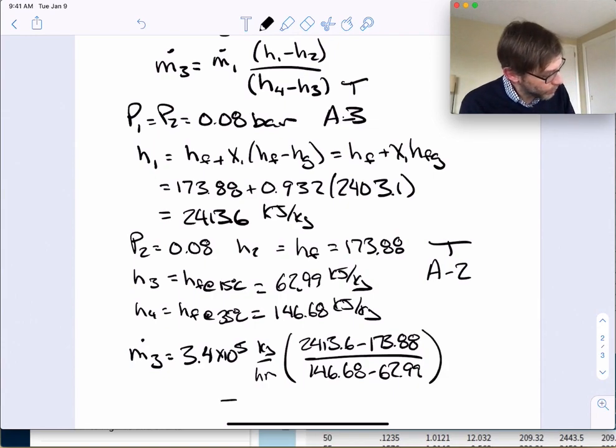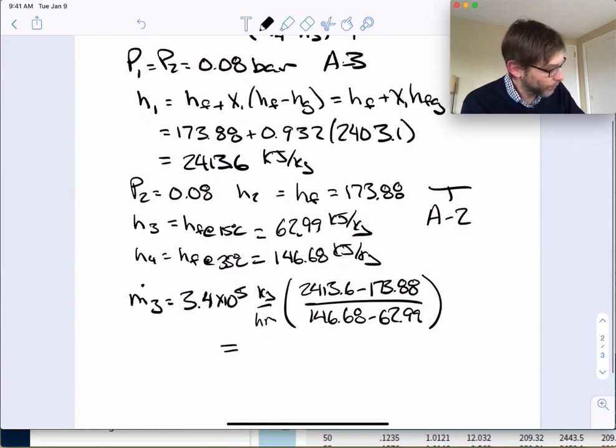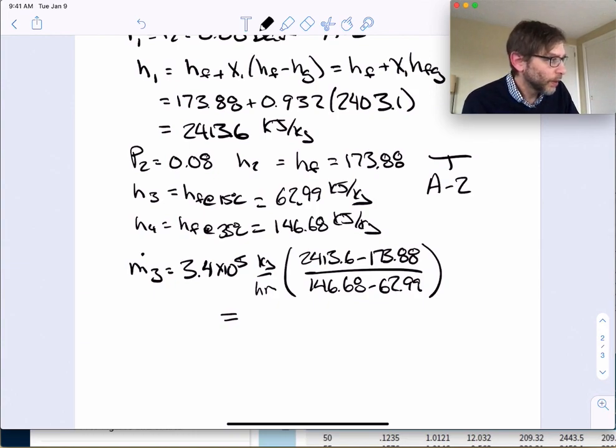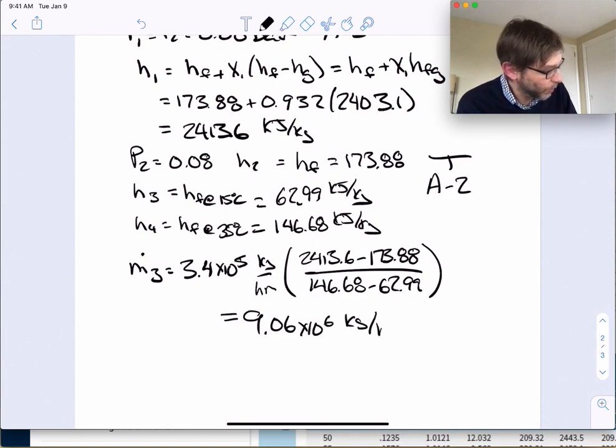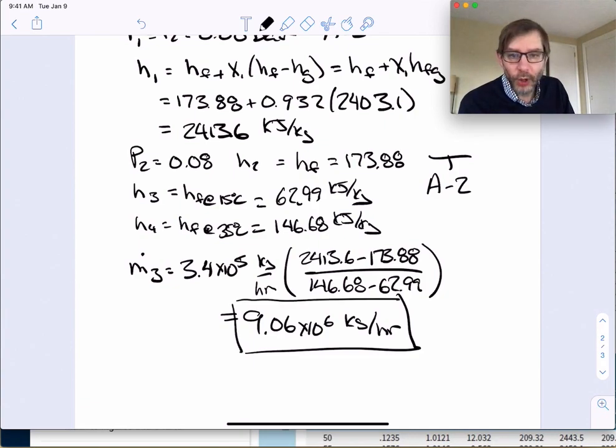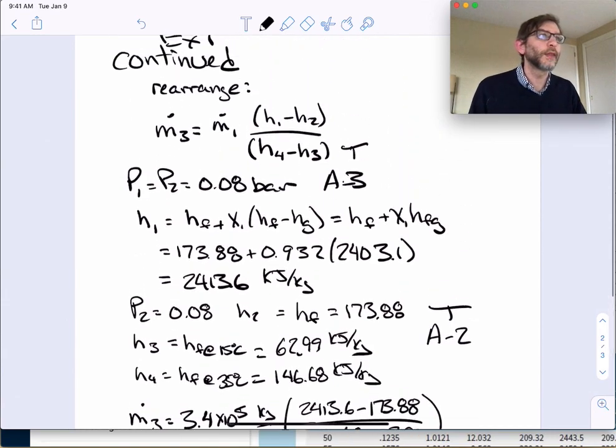And this ends up giving us an answer of 9.06 times 10 to the 6 kilograms per hour. All right, and this is our answer. Not too bad, right? We can get this done pretty easily.